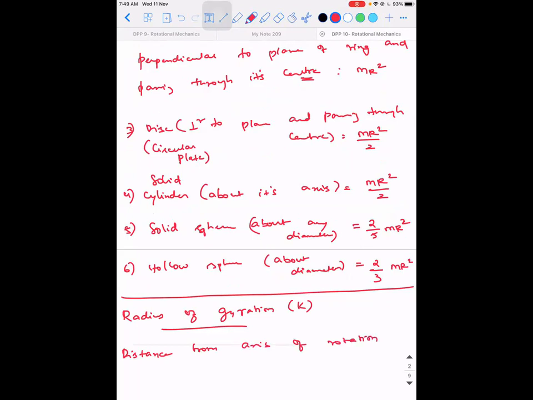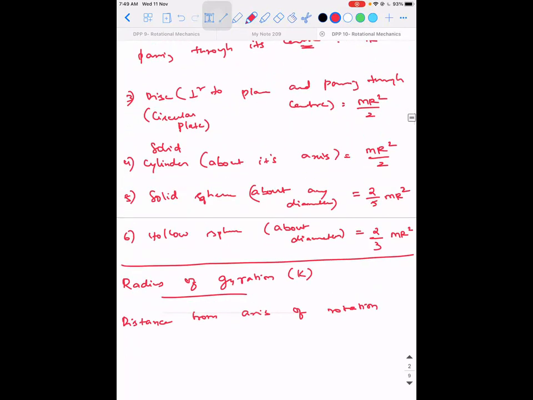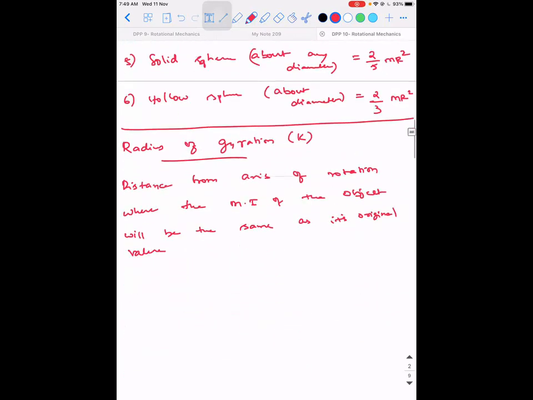No. It is distance from axis of rotation. It is the distance from axis of rotation where the moment of inertia of the object will be the same as its original value. I'm giving you a simple definition of it.